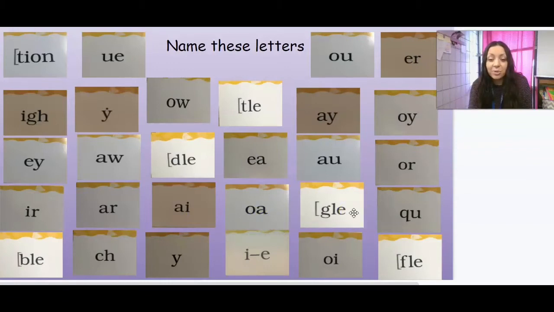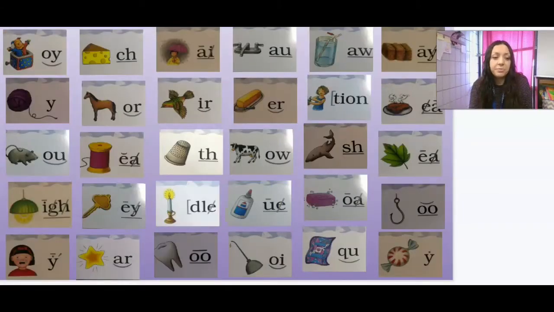Final syllable, G-L-E. Combination, Q-U. Final syllable, B-L-E. Digraph, C-H. Y. I consonant E, diphthong OI, and then final syllable FLE.